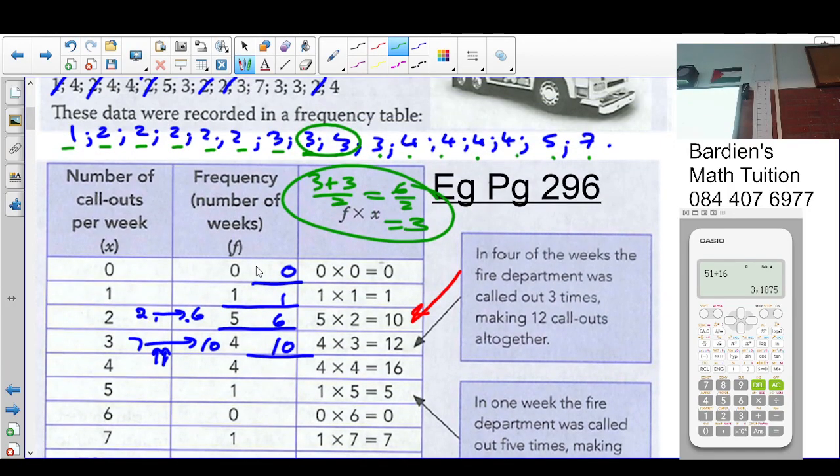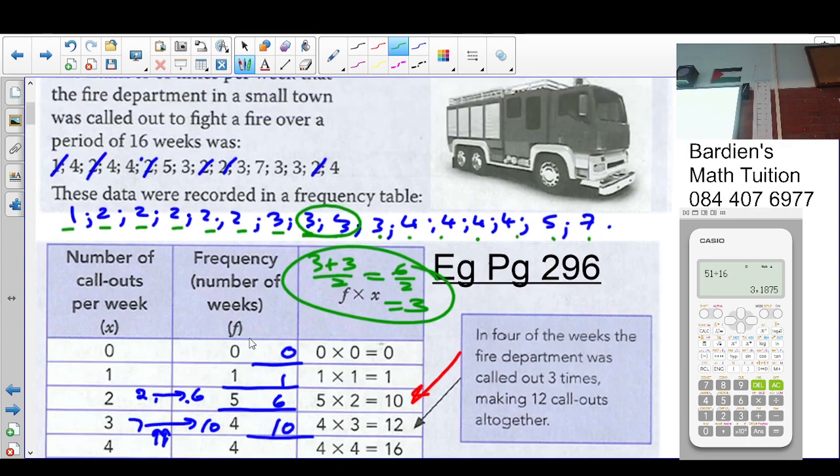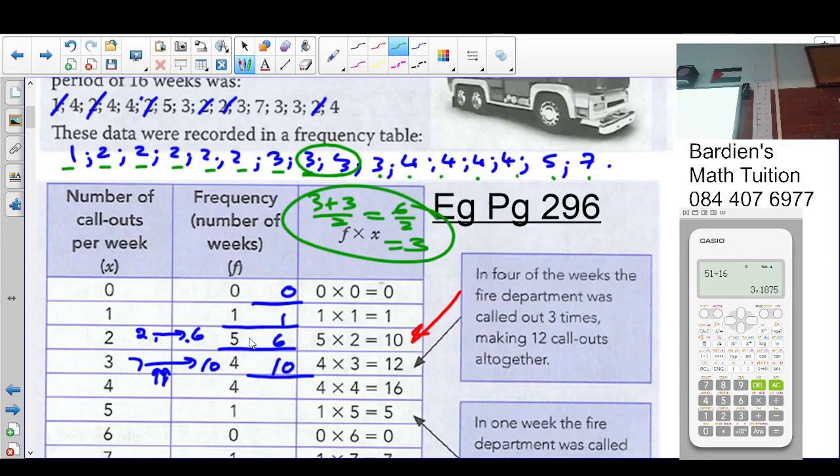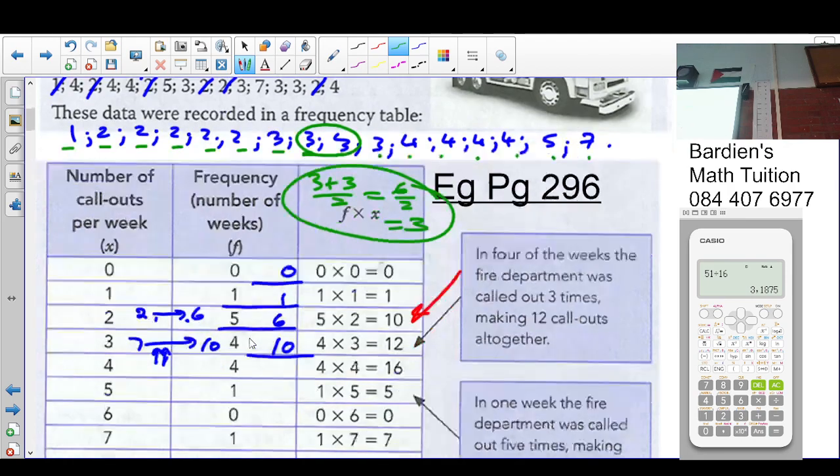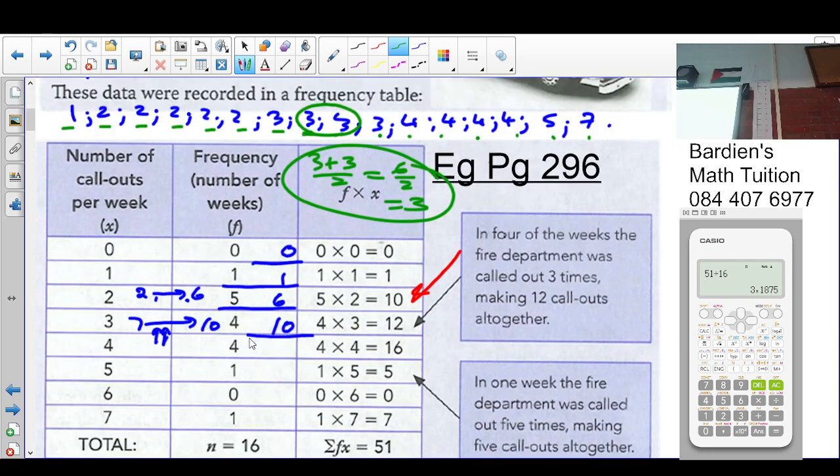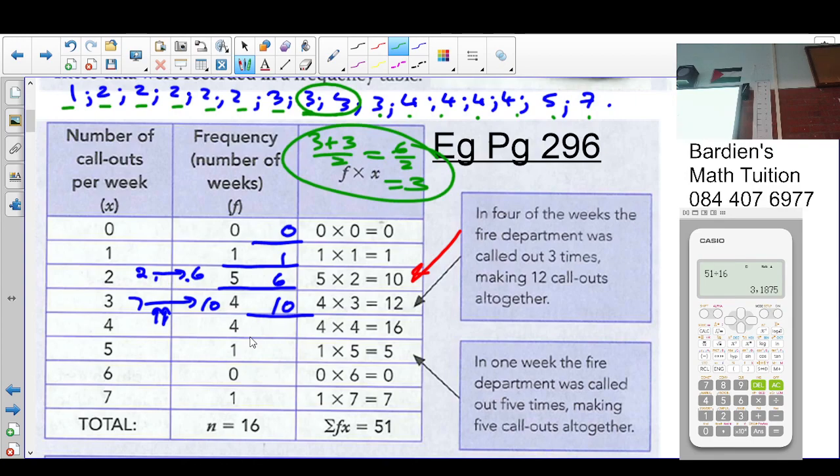Yes? Wait. I made a mistake somewhere. Oh, do you know what my problem is? My calculation to get the number was correct. Okay. So if you look at this, there's no zeros.